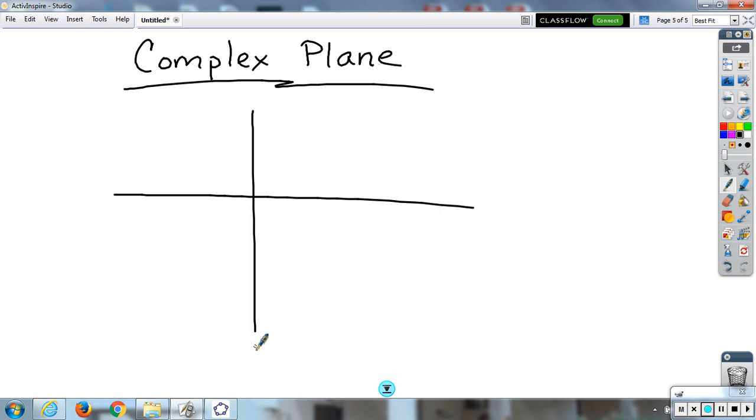So typically, these would be the imaginary numbers, and this would be the real numbers. But they could both represent the same variable. This is the real x, that's the imaginary x.